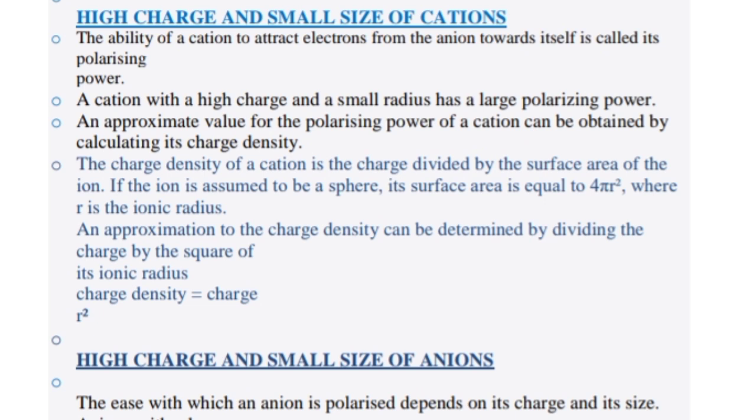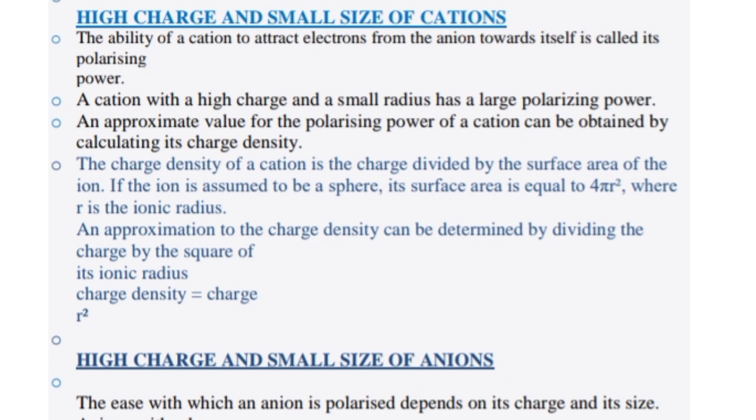When they keep on accepting electrons, their size will be greater. When they get bigger in size, their reactivity will also decrease, but they will attain some high charge on them.